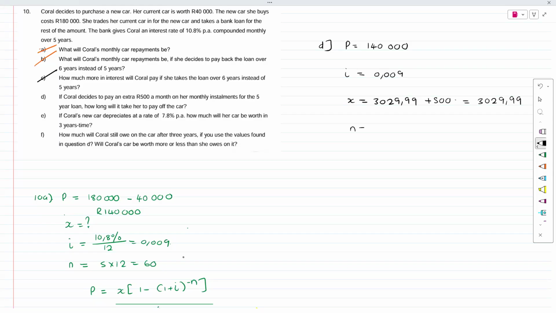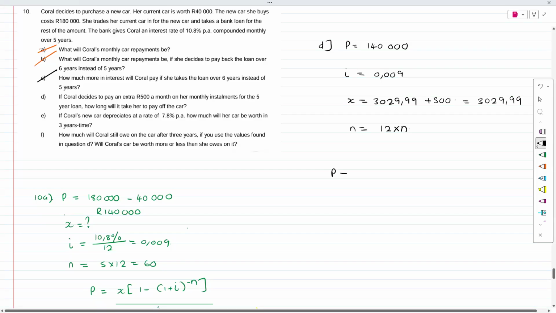And then N is unknown. But guys, do not forget that N was monthly. So it's N times 12. We did multiple questions where we tried to solve for N, and that's the value there.